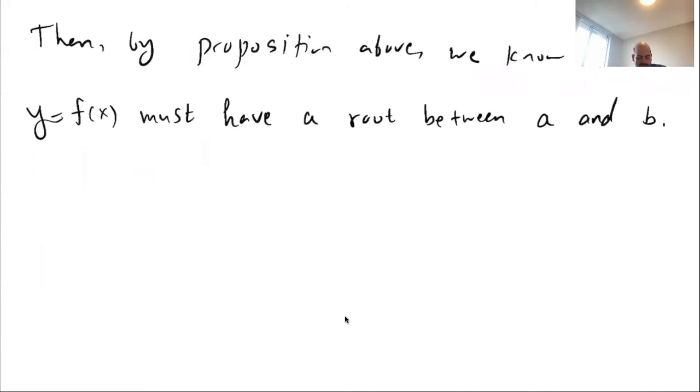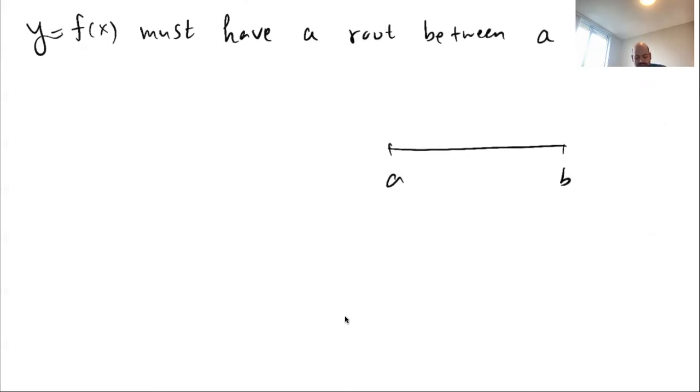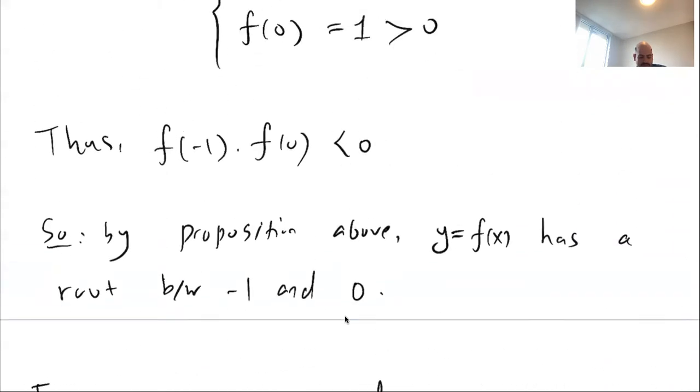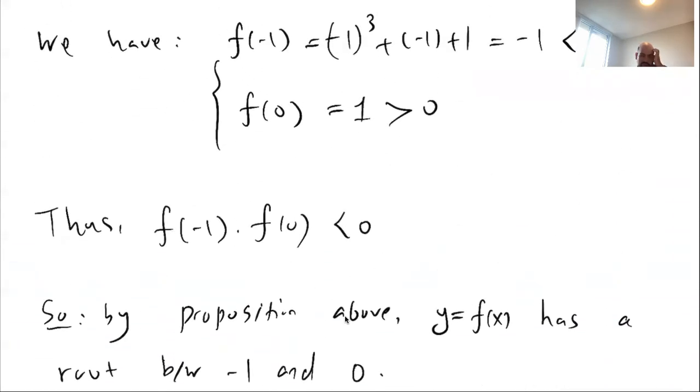Now, see here we have a and we have b, and f of x must have a root between a and b. That's some estimation for the root, because once we know that the root is between a and b, that means we have some idea about the root, right? So, for example, in the previous example, we concluded that this function has a root between -1 and 0. So that means we have some estimation or some idea about the location of this root.